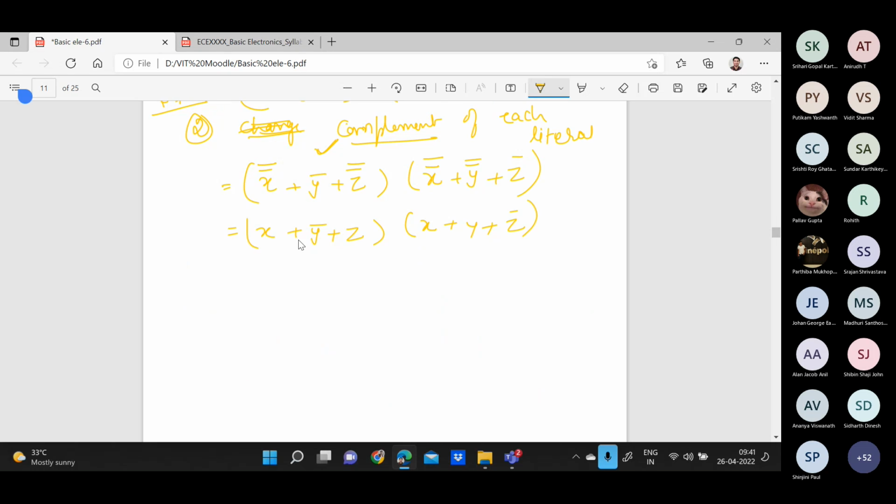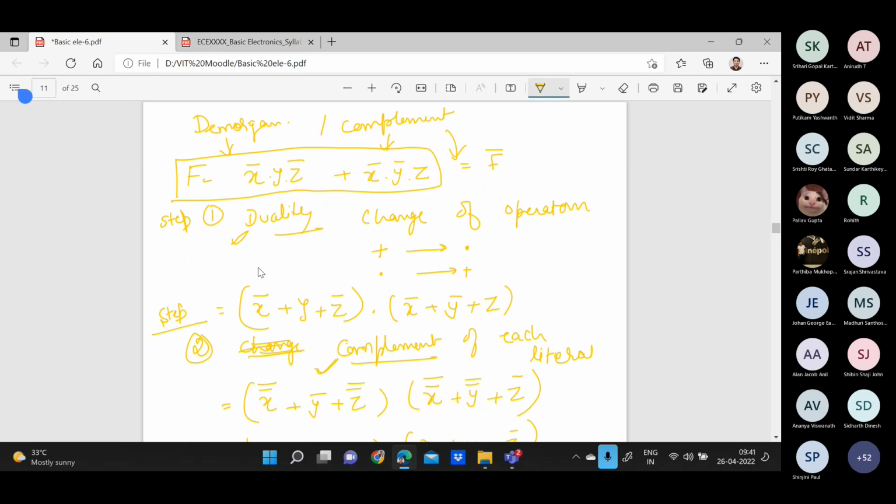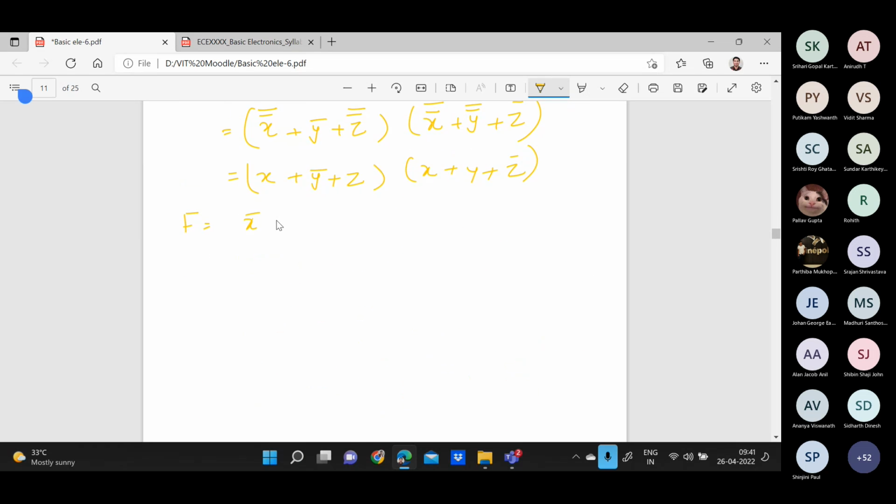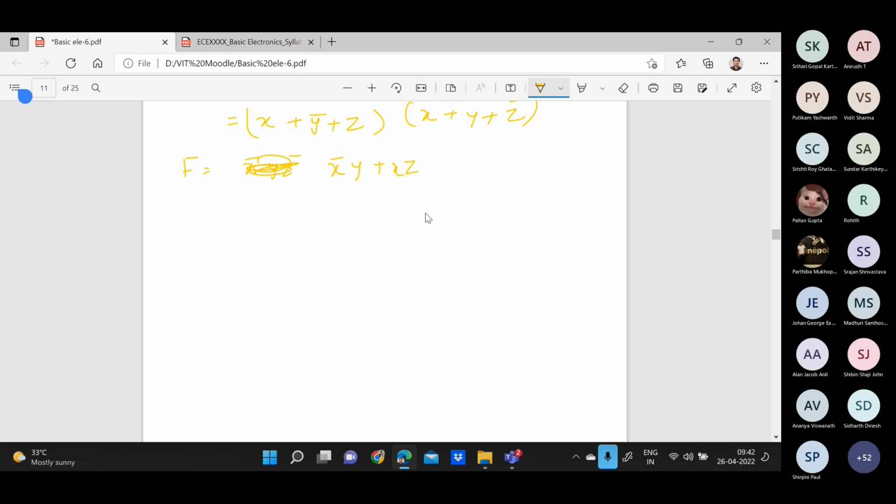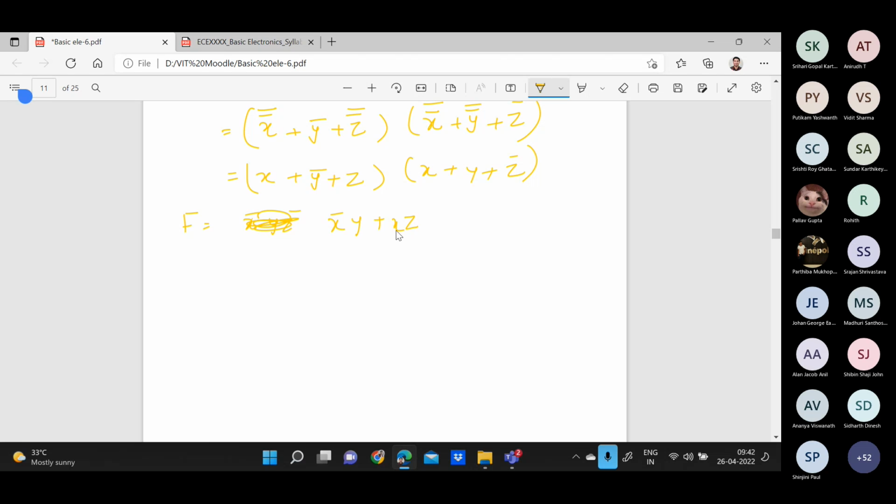For example, I take another function, x bar y plus y z. I'm saying find the complement of the function, find f bar.